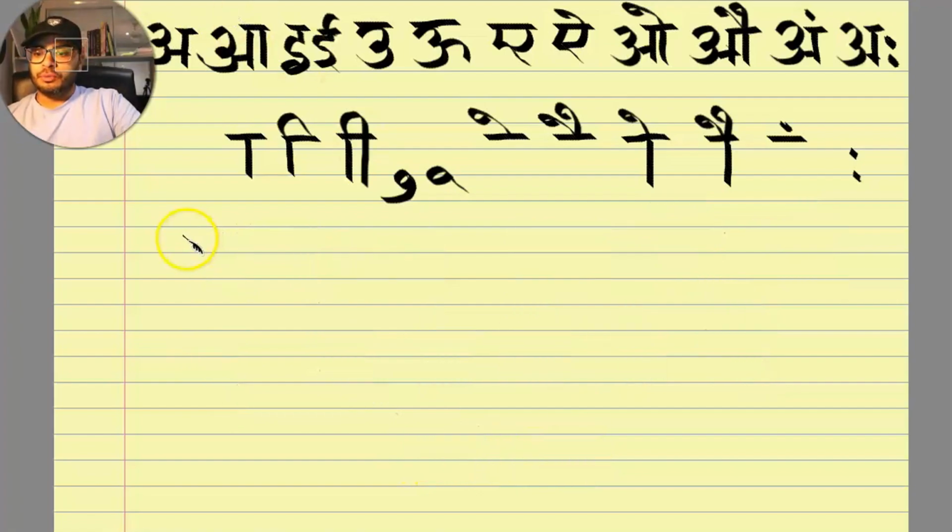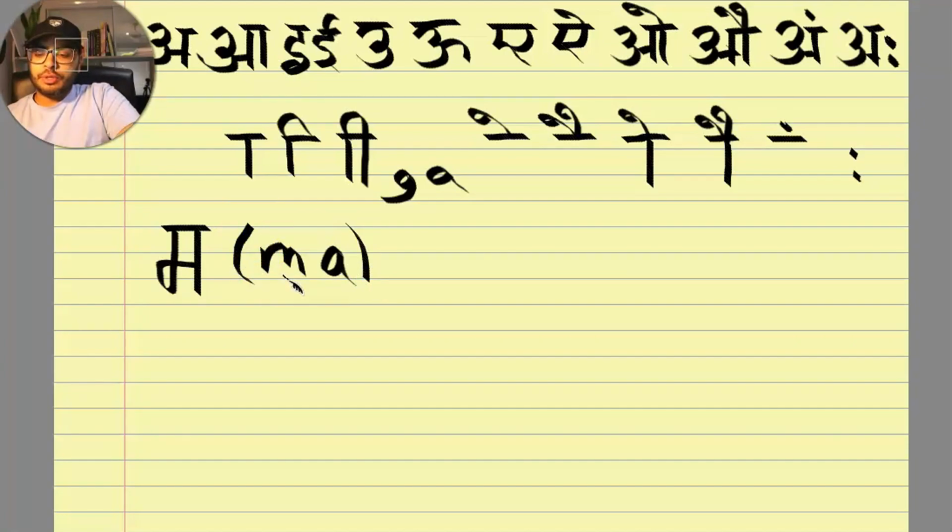The next sound is ma. Again, you have to touch the lip. The way we write this is similar to ba, but we don't have that circle on top. This is what ma would look like. The IAST would be M and A. A sound in English that resembles this would be when you say man.